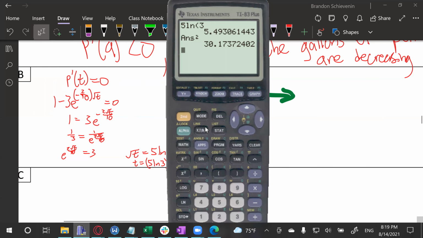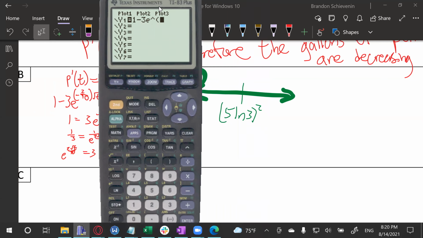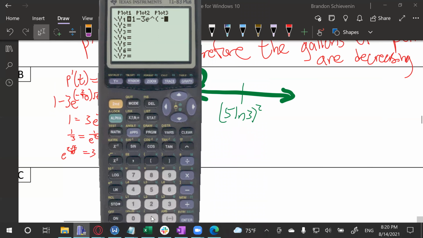Okay, so one number before it, one number after it. Go ahead and plug this in here. 1 minus 3e to the power of negative 0.2 times the square root of x. Open, open, close, close. Looks good. Okay, and then into y1.